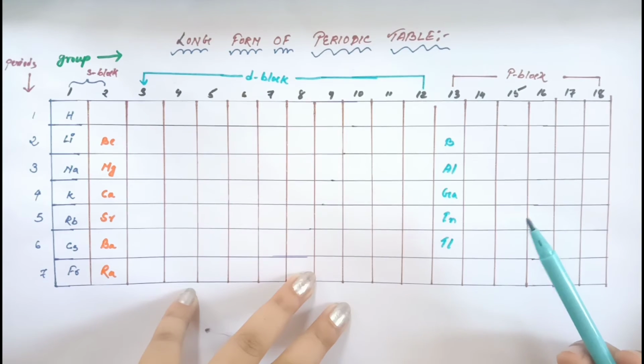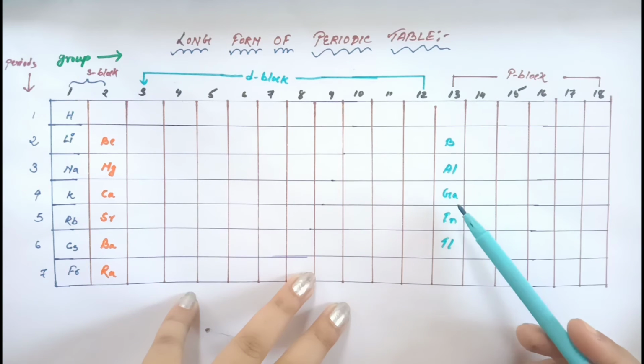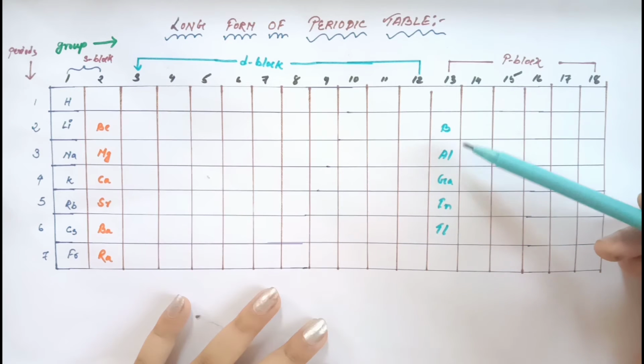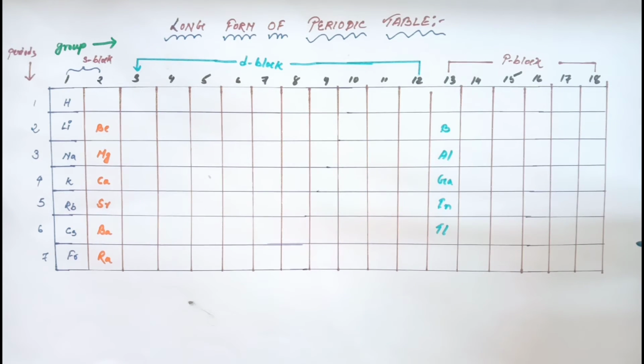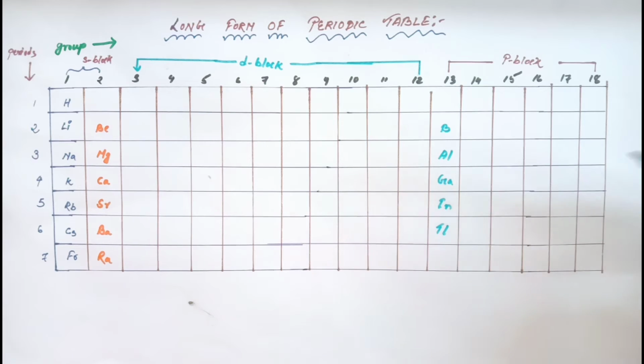Now see the P block elements. The group 13 elements contain boron, aluminium, gallium, indium and thallium. They start from the second period, and it should be remembered that the 7th period is incomplete. So the group 13 elements contain only 5 elements.